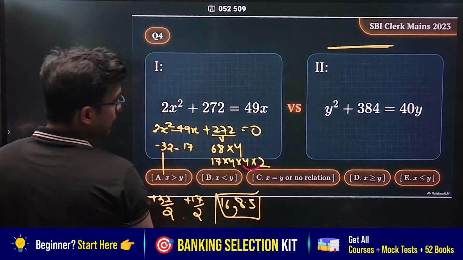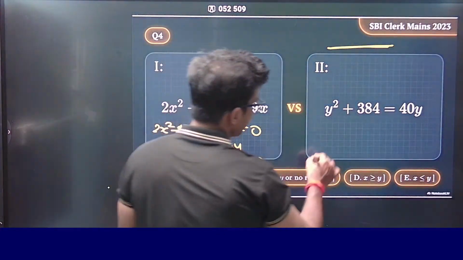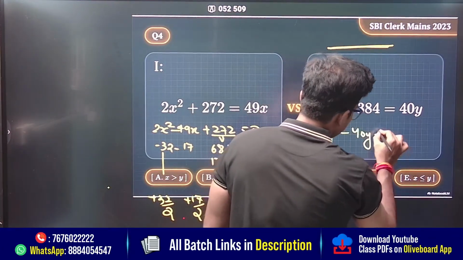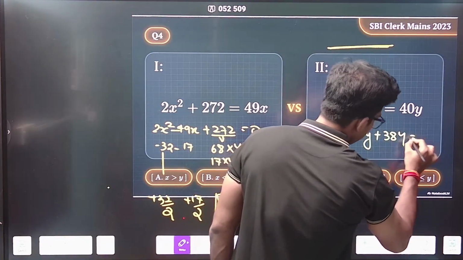If I come to the second part, this is y square minus 40y plus 384 is equal to 0.